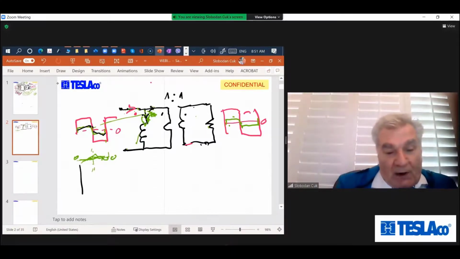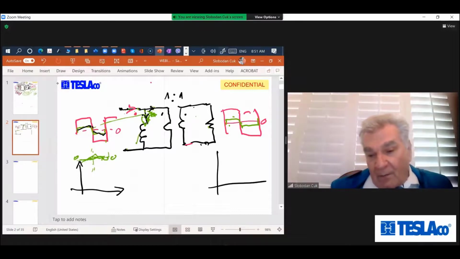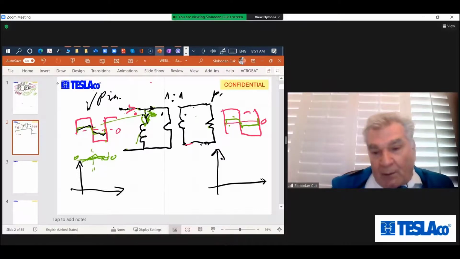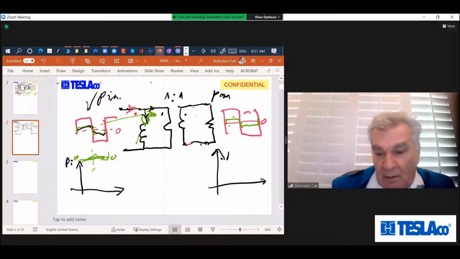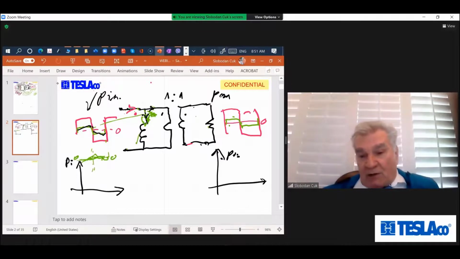So the point I'm going to make now is, what is the input power, time domain, and output power? Square wave voltage V and current I, square wave, and minus V and minus I.